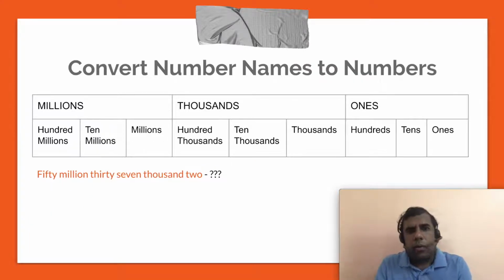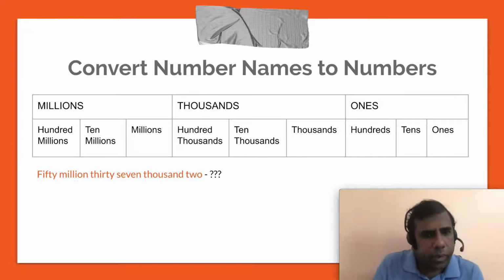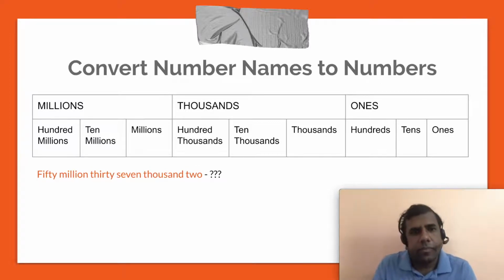Let's look at how to convert number names to numbers in the international system. Fifty million, thirty-seven thousand, two. So we need to have 50 in the millions period, 37 in the thousands period, and 2 in the ones period, with appropriate zeros padded, right?